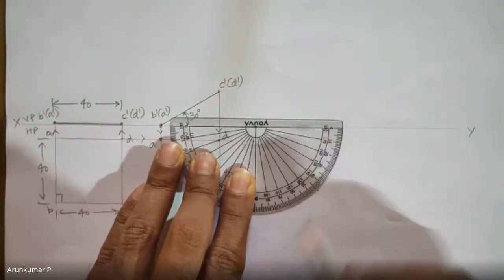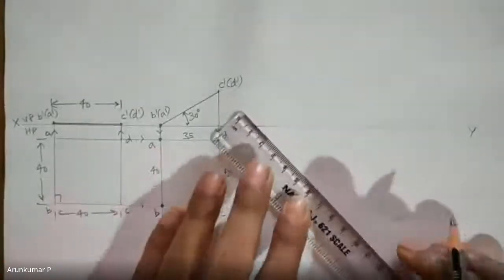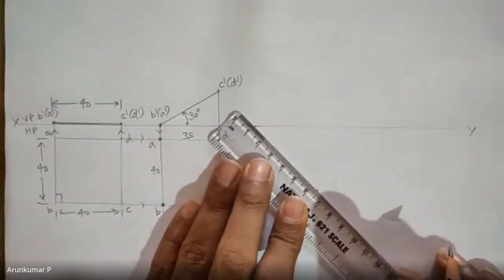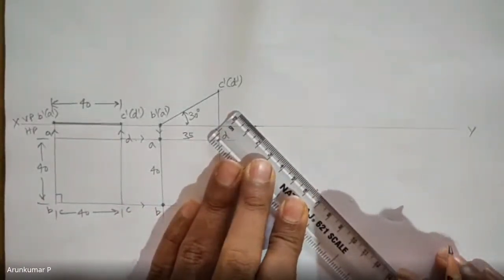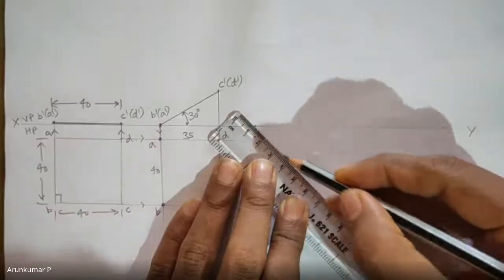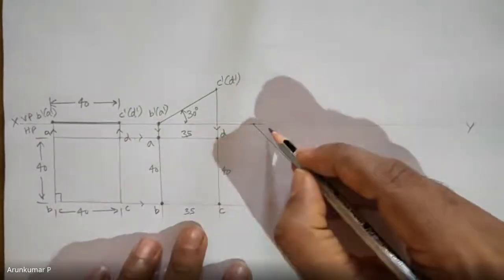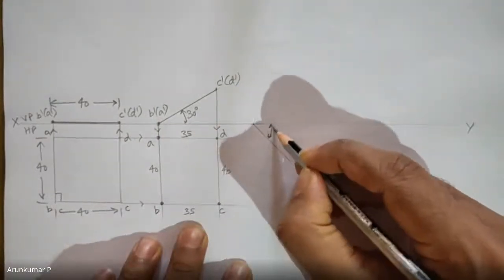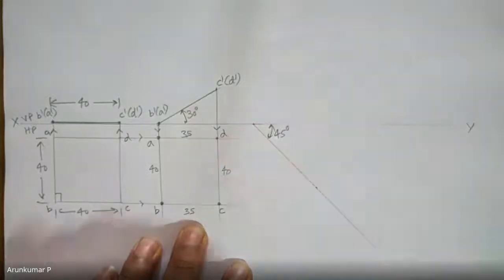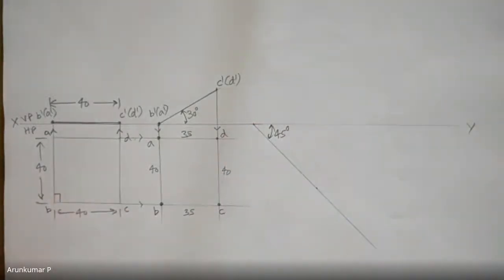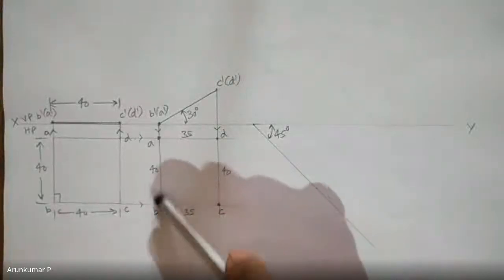So roughly this will be the 45-degree line. So draw a 45-degree line to the XY line or to VP. This will be the 45-degree line, or the phi angle. Okay. On this line, you have to locate the edge AB.